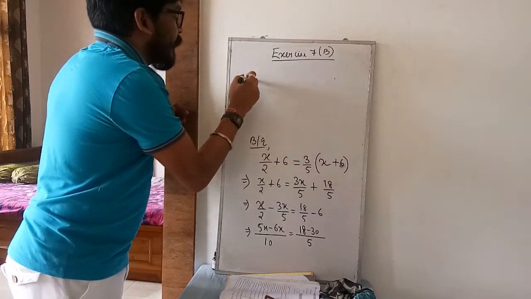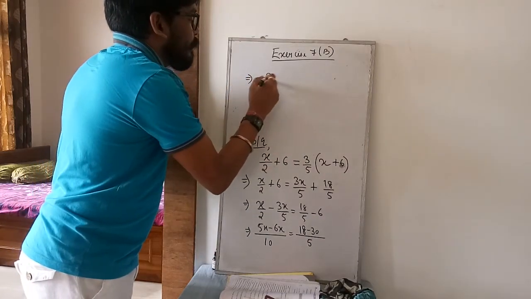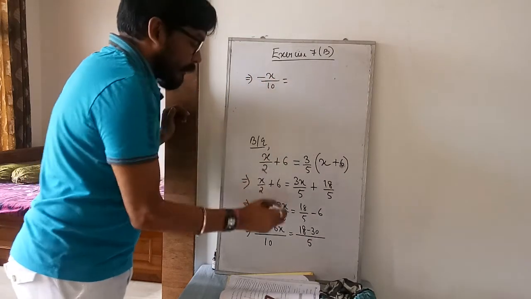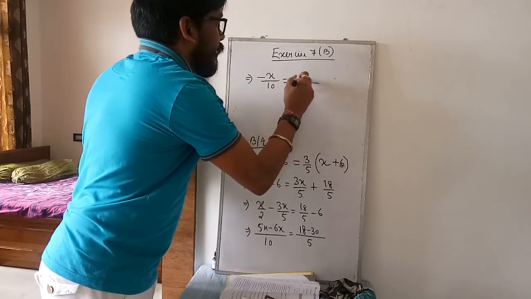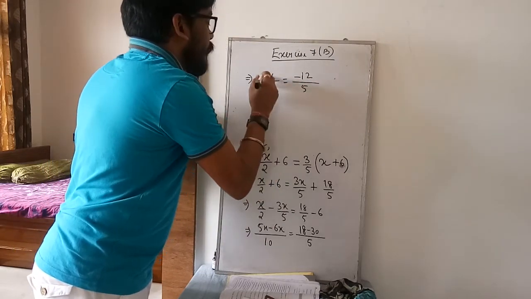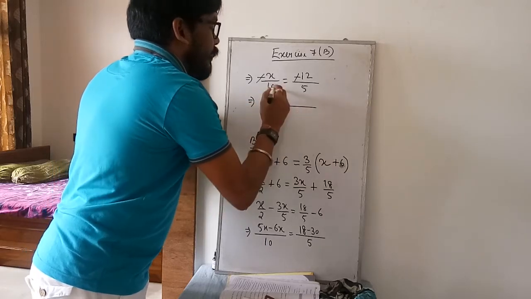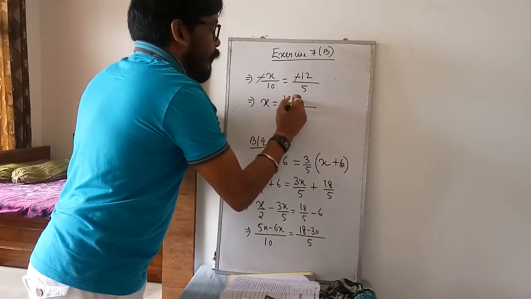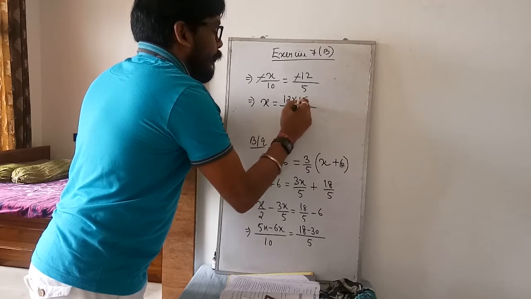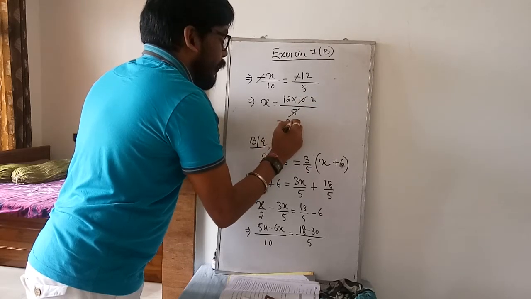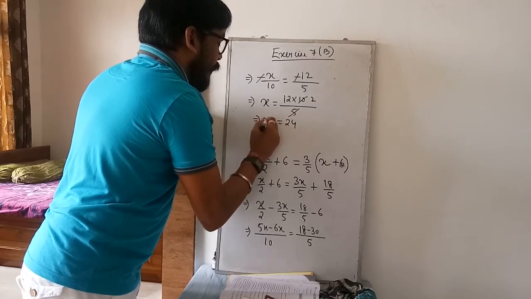So here 5x minus 6x is minus x by 10, and here 18 minus 30 is minus 12 by 5. Both sides minus, minus minus cancel. So x equal to 10, you will cross multiply. So 12 into 10 by 5. So 5 twos are 10, so you got 24 as the value of x.